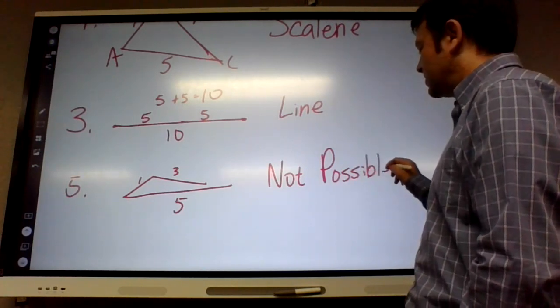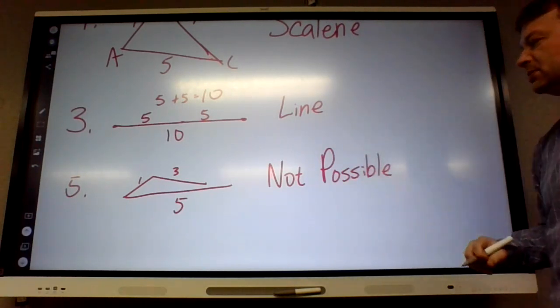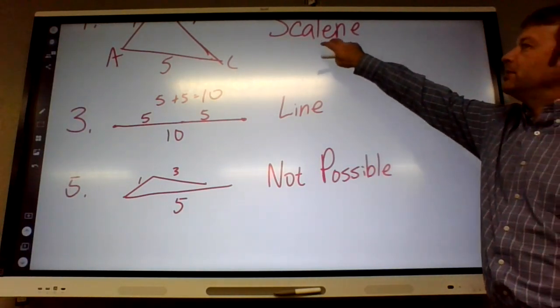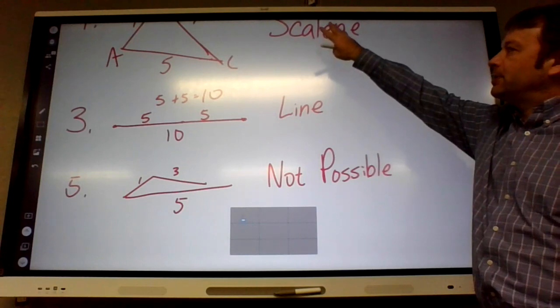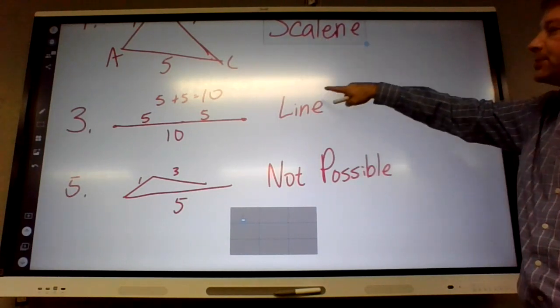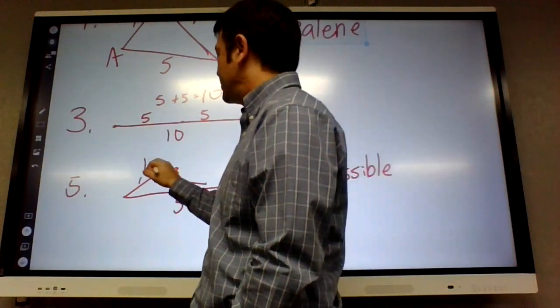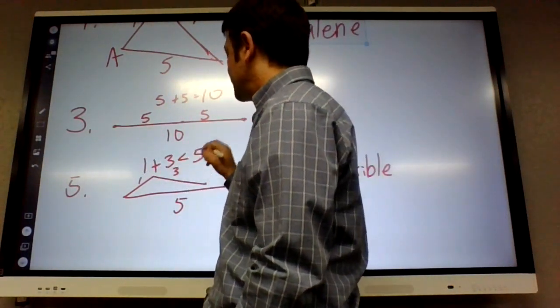The book wrote segments don't meet. I like my answer better. It just gets right to the point. So these are kind of the 3 options: it's not necessarily scalene, but the kind of triangle that it becomes, it makes a straight line, or it's not possible. It's not possible because 1 plus 3 is too small for 5.